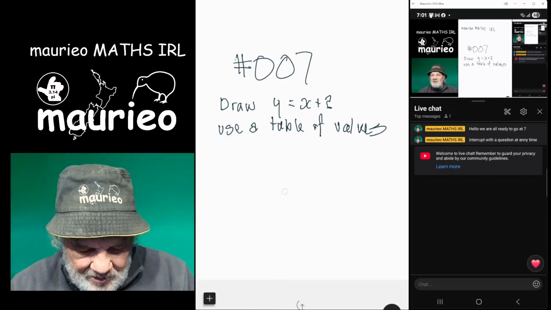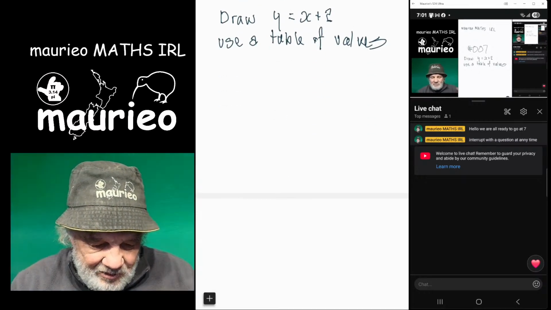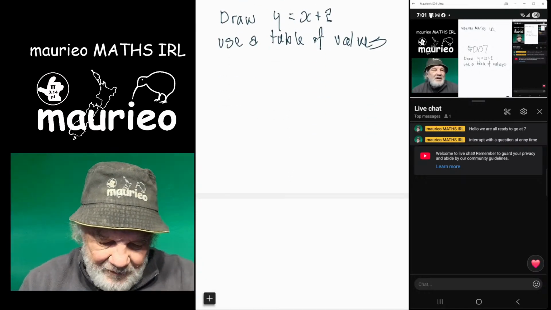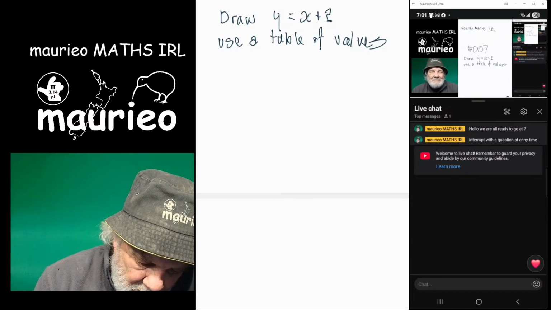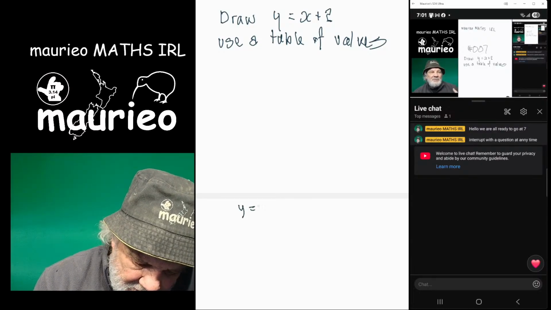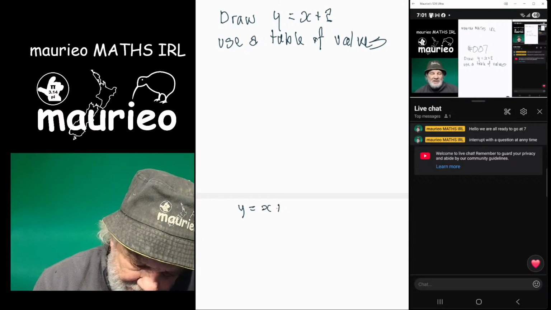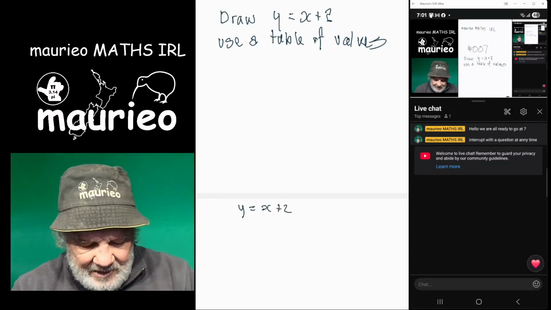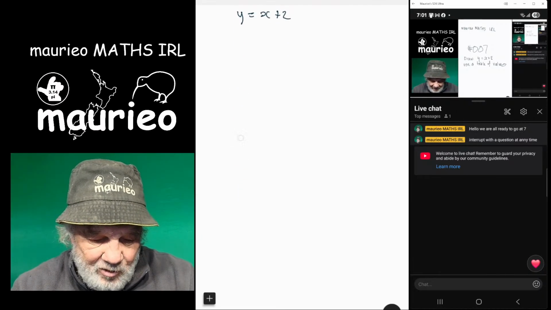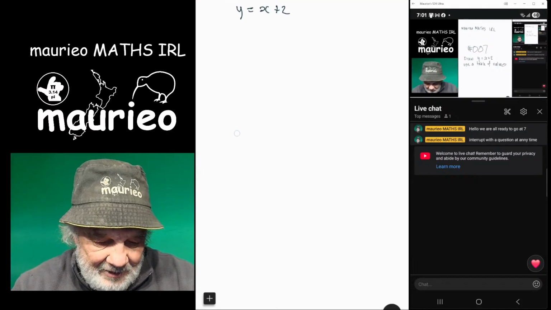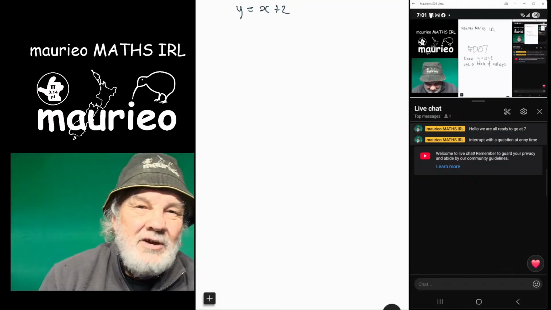So last night I was on, and I suggested that we should draw the graph of y equals x plus 2 using a table of values. So we're going to draw that graph. Table of values.